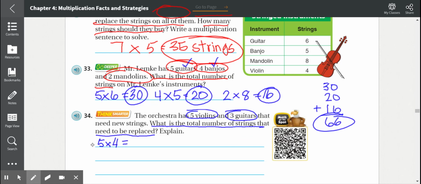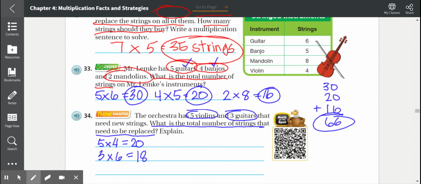Okay, count by 5 4 times. 5, 10, 15, 20. And then the guitar, 3 guitars. 3 guitars times, a guitar has 6 strings. 3 times 6 is 18. So how would we get the total number?